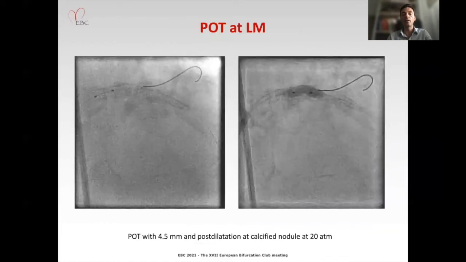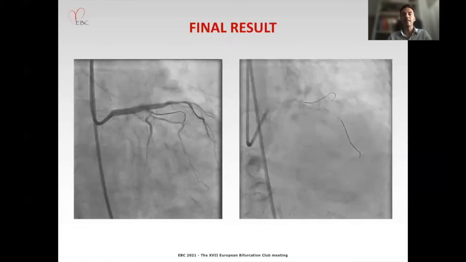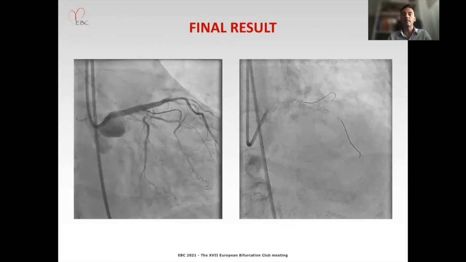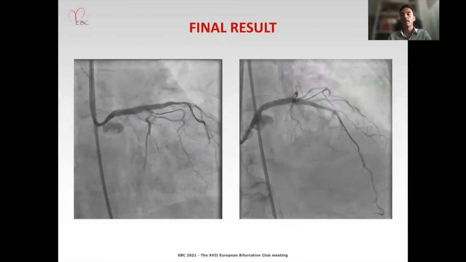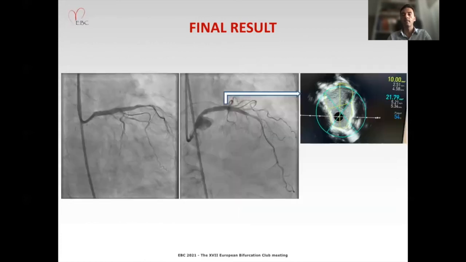And after that, we performed an aggressive POT with a 4.5 millimeter balloon according to the measurements in the IVUS. This is the final result in the angiogram. And this is the measurement in the IVUS with a 10 millimeter square area, minimal luminal area at the calcium level.